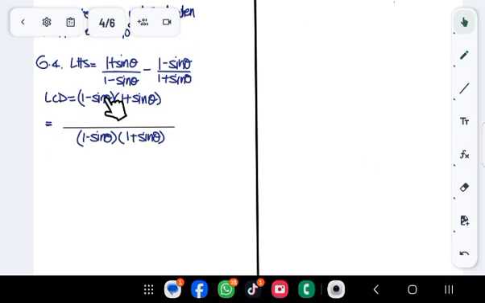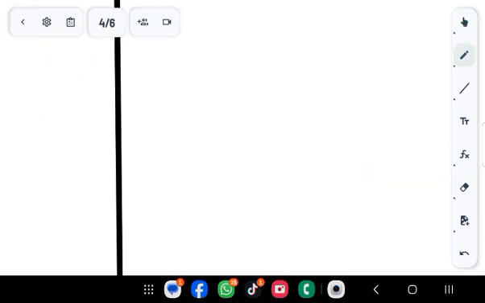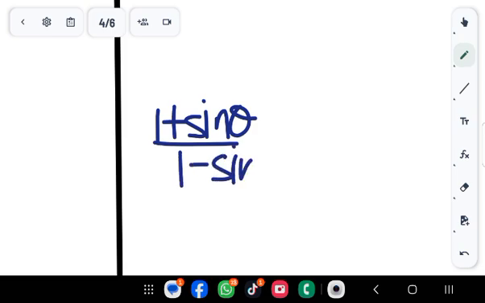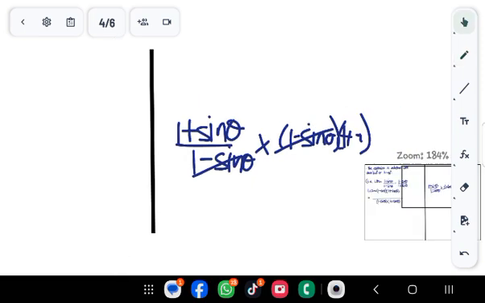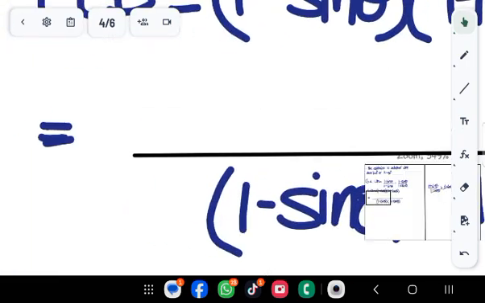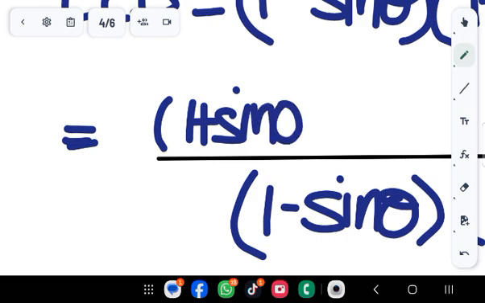To find what's in the numerator, we must multiply each of the fractions by the lowest common denominator. So we multiply this by 1 minus sine theta times 1 plus sine theta. 1 minus sine theta cancels out, and you're left with 1 plus sine theta times 1 plus sine theta.